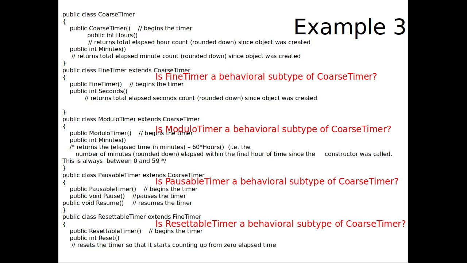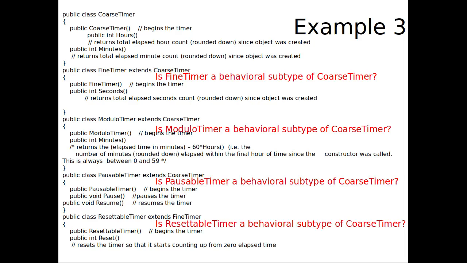Please note that future subtypes or versions of this class might allow for other sort of base times besides the construction time. They might allow, for example, resetting the timer, something like that, so that it starts measuring from a later time.